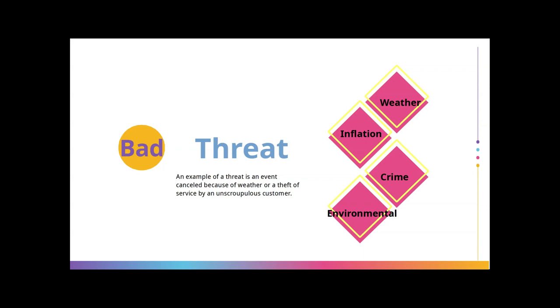Crime, and environmental. Environmental includes anything that is outside of your control. COVID is a prime example of how an environmental threat can harm your business, and it's not a whole lot you can do about it. So kind of keep those in mind.